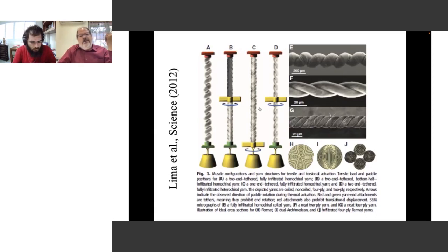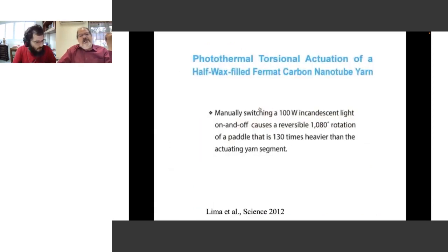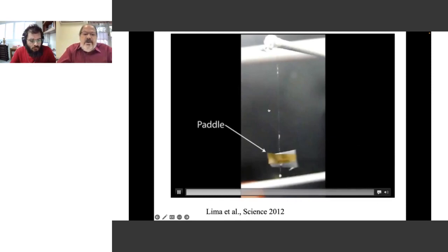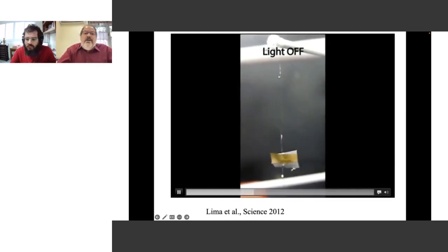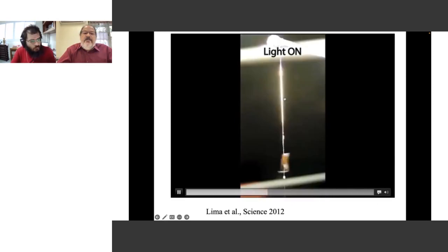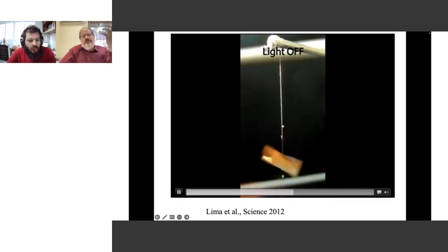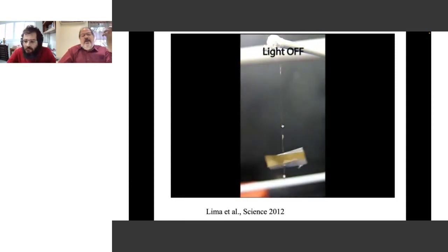Let's see how it works. So what you see here, if the movie works, okay. You see, this is the yarn. You have the paddle, okay? Using just the laser to hit them. Why is it rotating? That's basic physics, right?